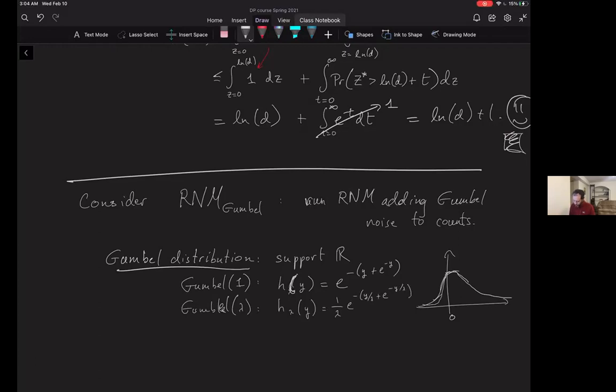So it's just like a rescaled version of the original. And then if you add Gumbel noise with scale 2 delta over epsilon to the scores, you get exactly the exponential mechanism.